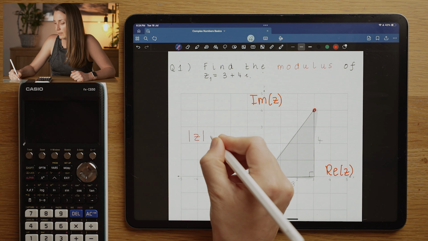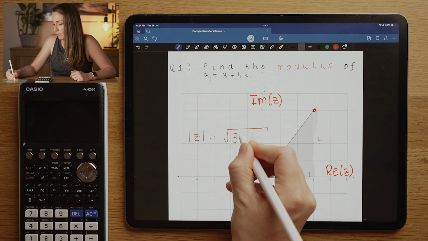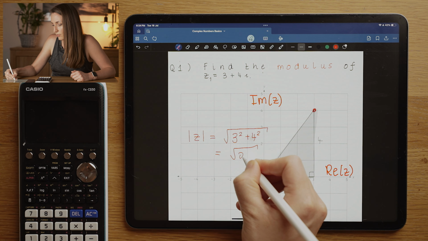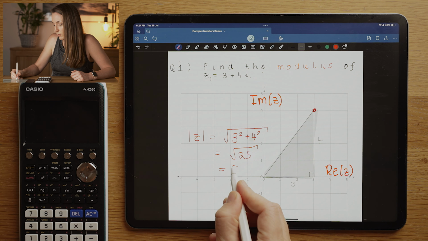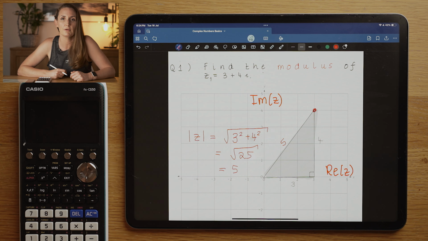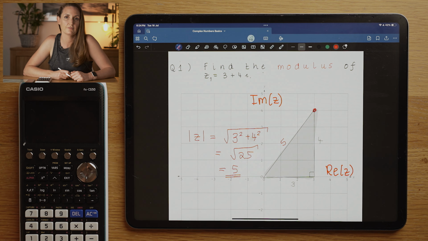And then we're going to calculate that by using Pythagoras' theorem and saying 3 squared plus 4 squared. That would be the square root of 25, and that would be 5. So the modulus of 3 plus 4i is 5.